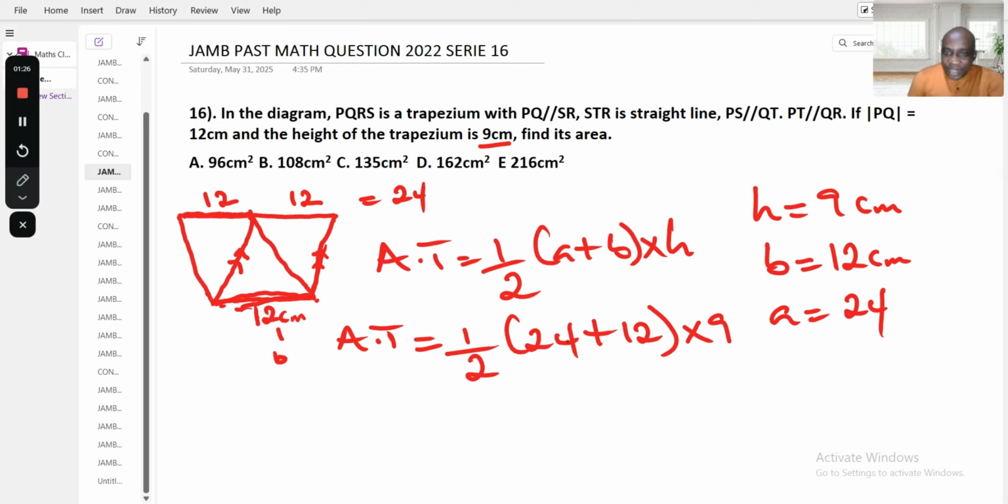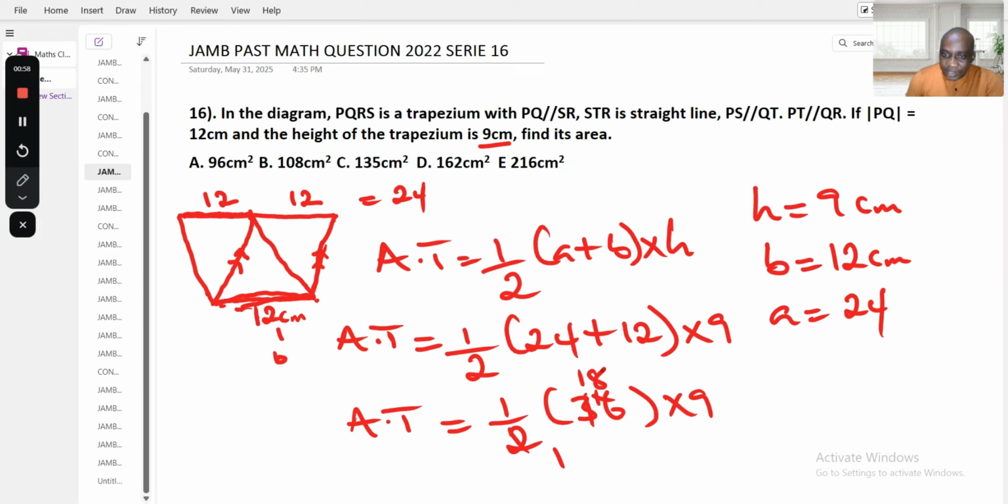Now let's divide it. We can say, area equals 1 over 2 bracket 24 plus 12. 2 plus 4, 6. 1 plus 2, 3. That will be 36. Multiply by 9. 2 here 1. 2 here 1. Remainder 1. 2 in 16, 8.